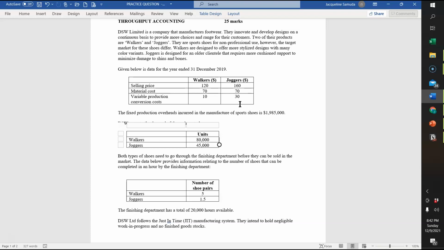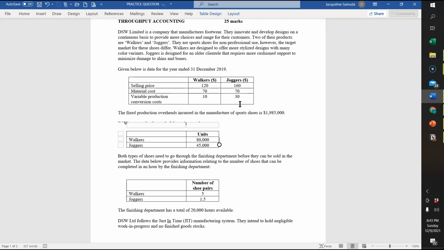So in coming up with that decision of ranking the product, we have to zoom in on two things: the contribution margin per limiting factor or the throughput per limiting factor. We're going to see how we're going to calculate those two figures to assist with the ranking.